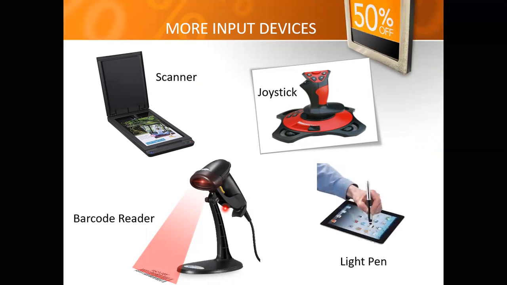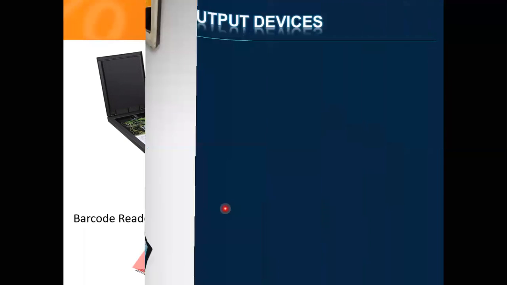Then there's the light pen, which is normally used with touch screen devices like mobile or tab. And you also learned about touch screen as an input and output device as well.